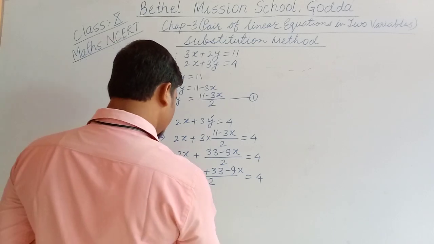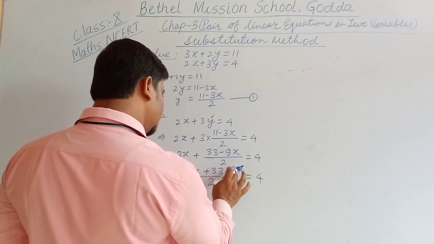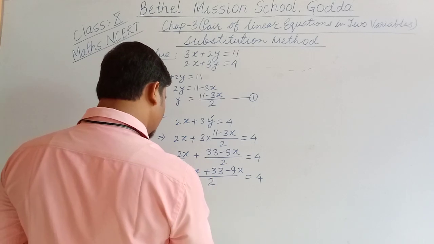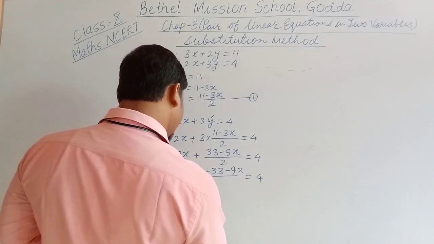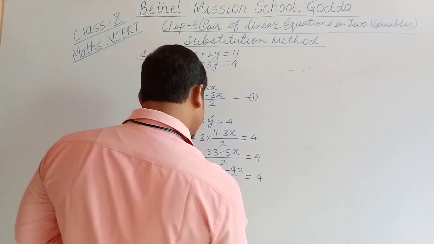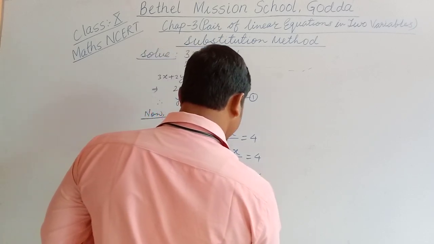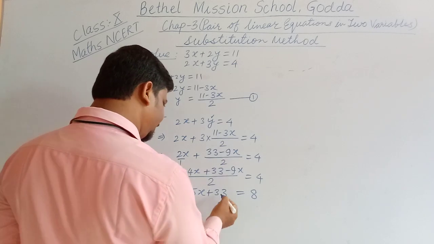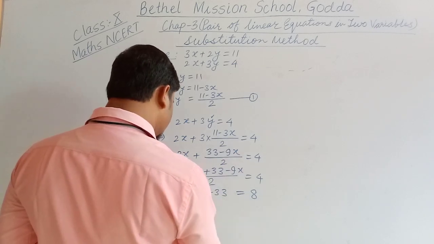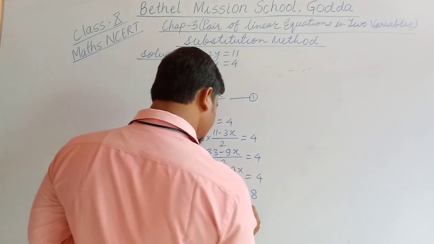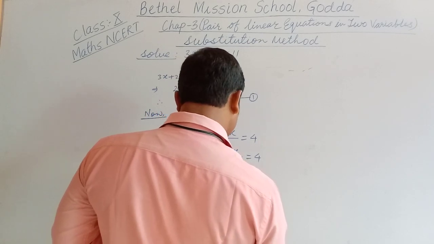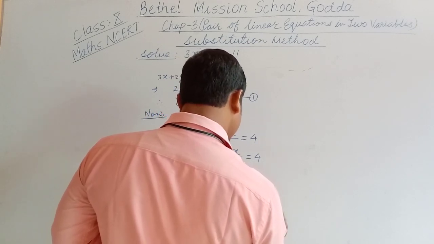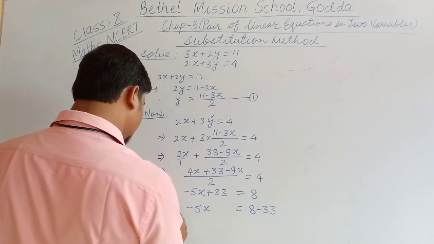Then we get minus 9x plus 4x, which is minus 5x, and plus 33, and this side 4 times 2 is 8. Now 33 will be transferred: minus 5x equal to 8 minus 33.